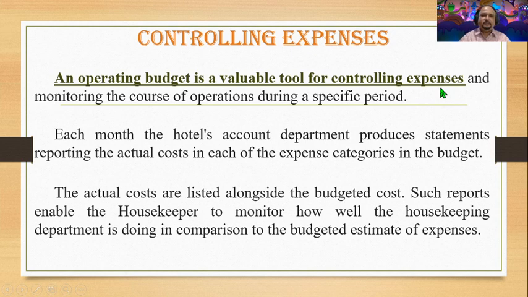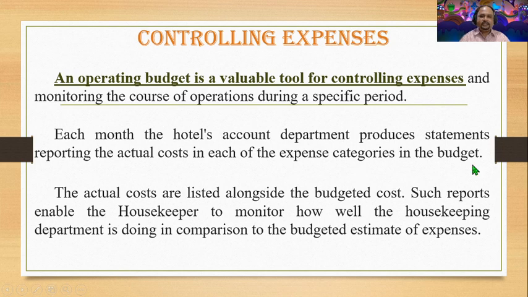So we'll try to go through this sentence once again. An operating budget is a valuable tool for controlling expenses and monitoring the course of operations during a specific period. Each month, the hotel's account department produces statements reporting the actual costs in each of the expenses categorized in the budget.